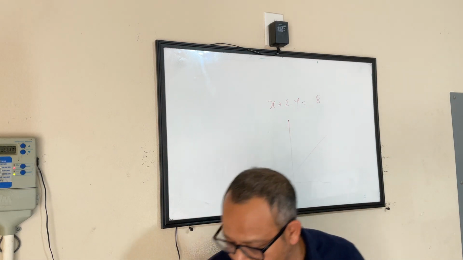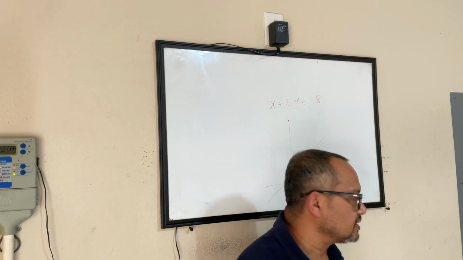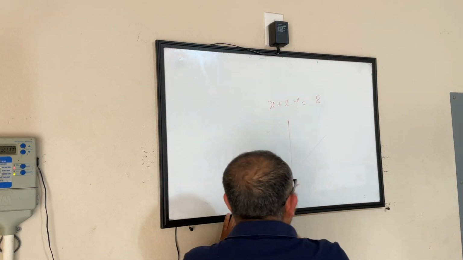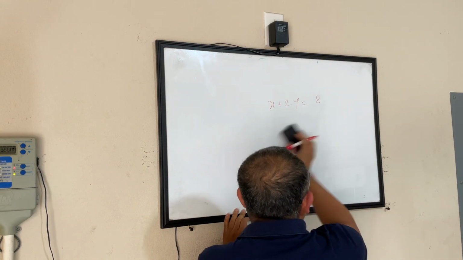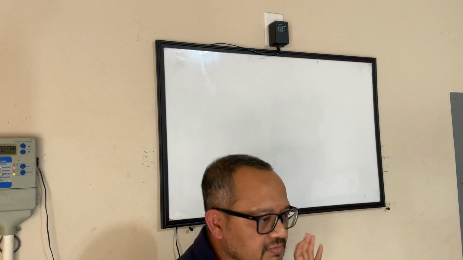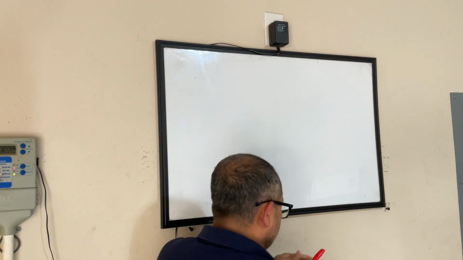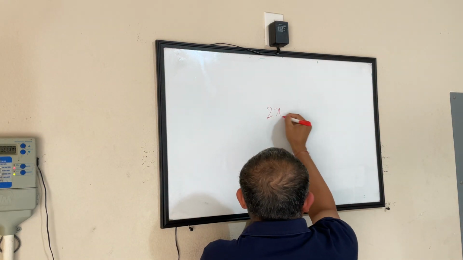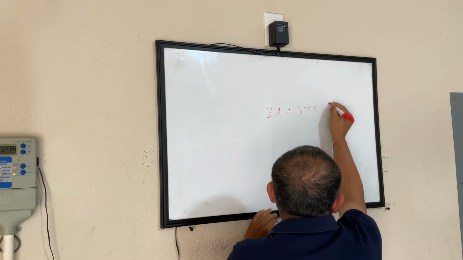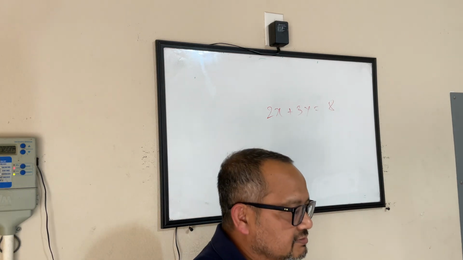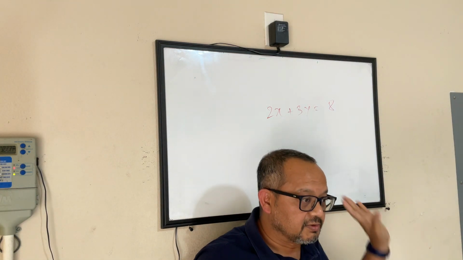Similarly, if we talk about a circle equation, it is also an equation. Let's say I say 2x plus 3y equals 8 is a circle equation. Again, I'm making it up, okay? You guys don't have to believe this as is.